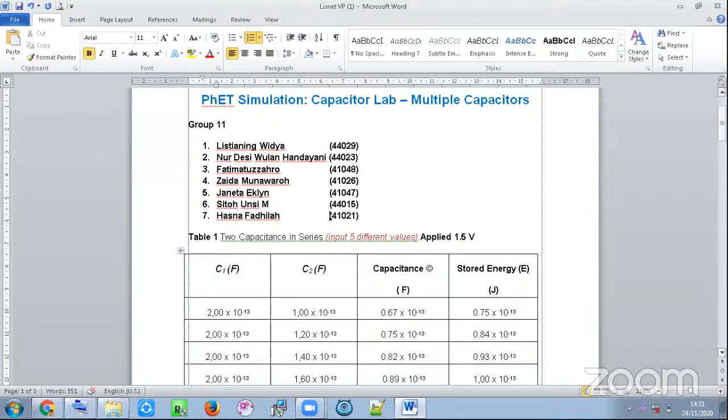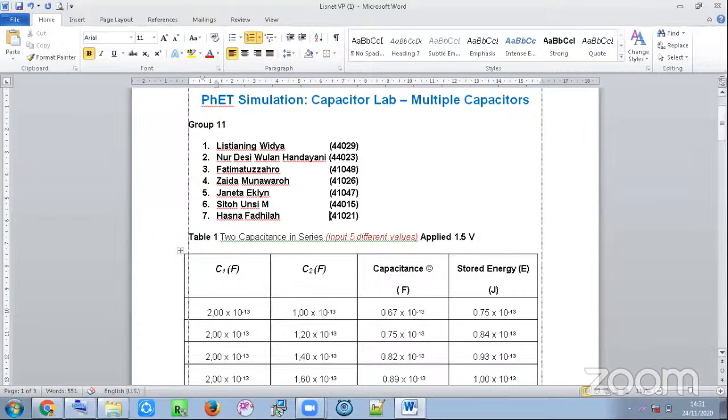The result of capacitance is 0.67 times 10 to the power of minus 13, and the stored energy is 0.75 times 10 to the power of minus 13.